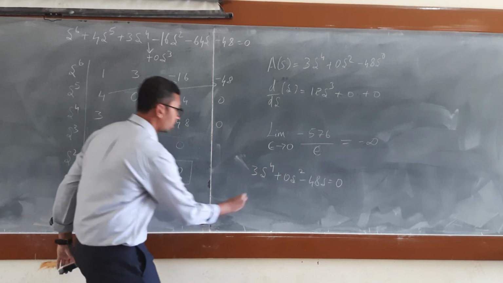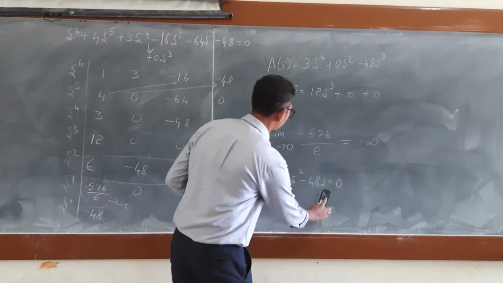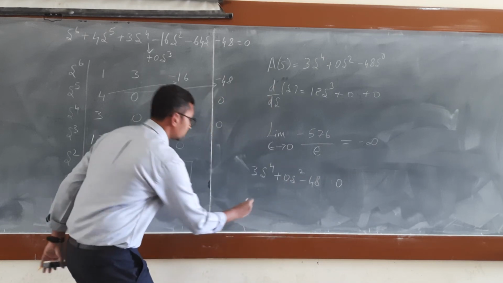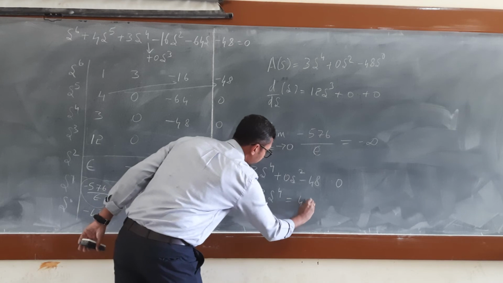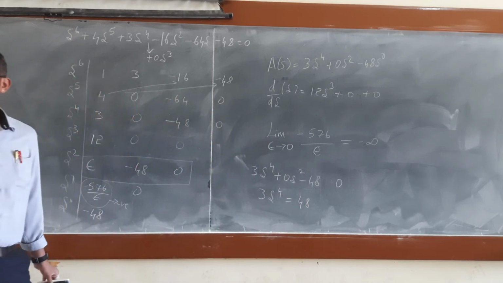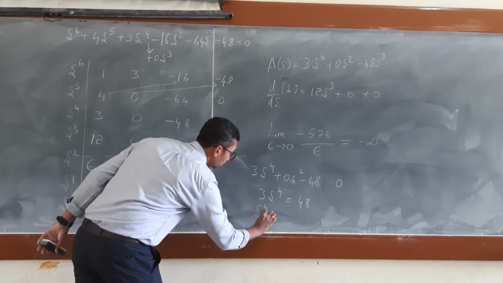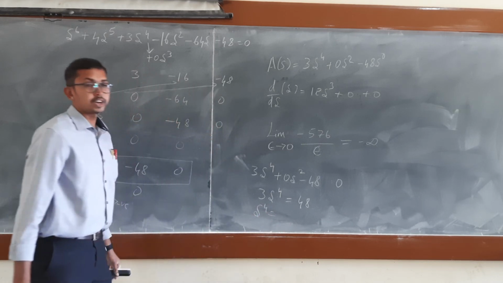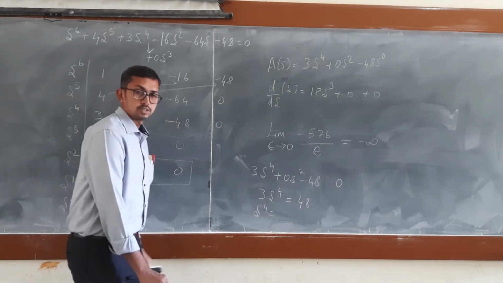So therefore I can write this as s to the power of 0, right? So this we can write as 3s to the power of 4 is equal to 48. Correct? So therefore, what is s to the power of 4? 48 divided by 3, how much? 16.